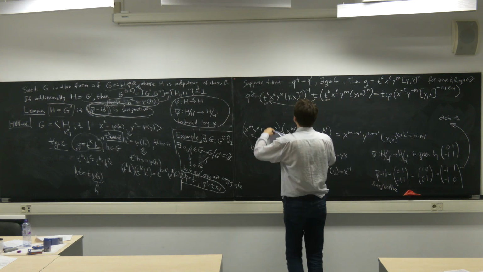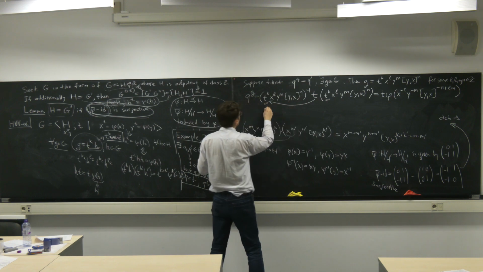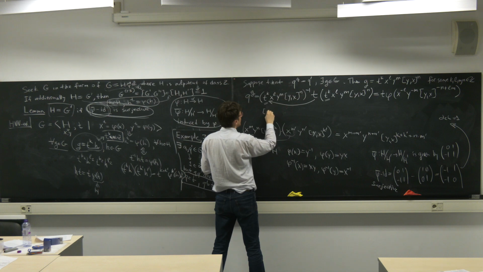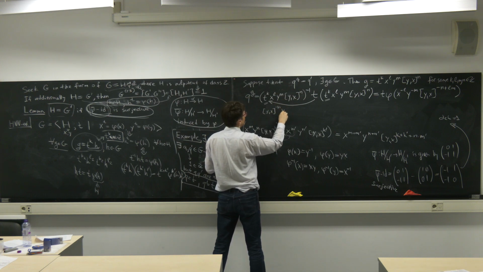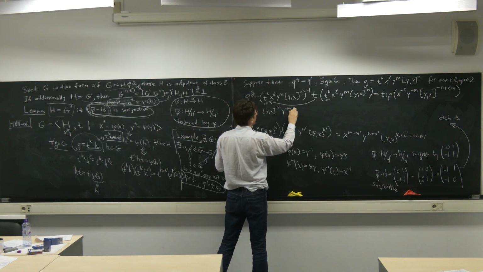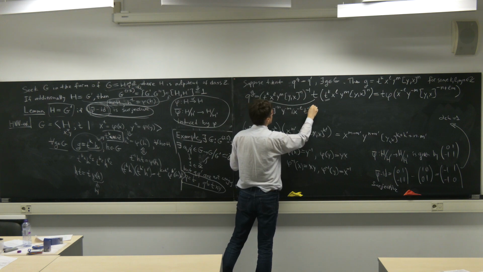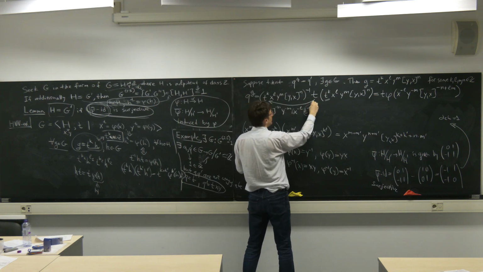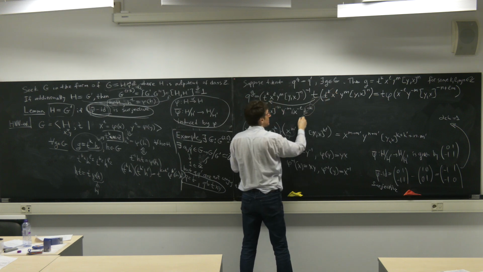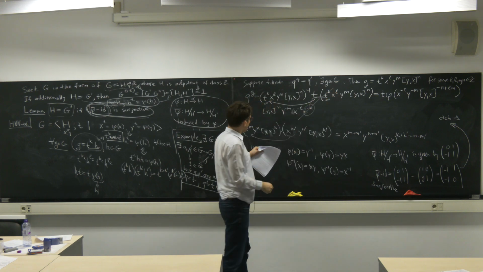Well, when I take the inverse, this already becomes yx to the minus n, y to the minus m, x to the minus l, t to the minus k. So here we have t to the minus k, t and t to the k. So these two cancel out, and we have only t remaining.